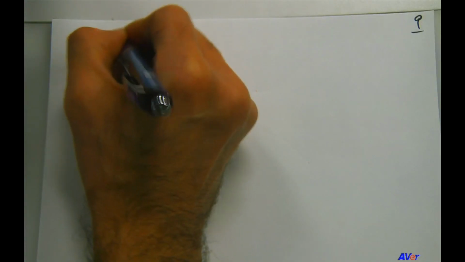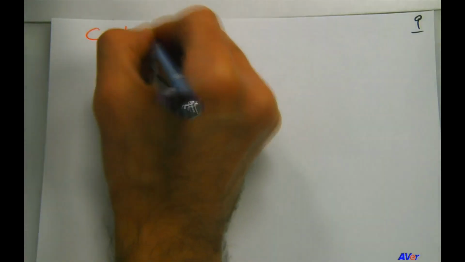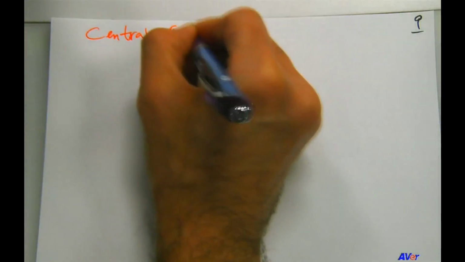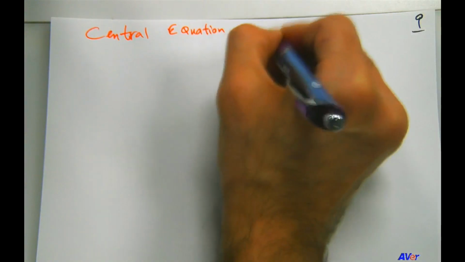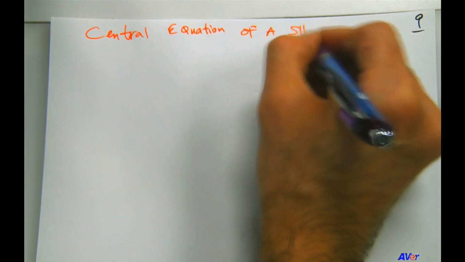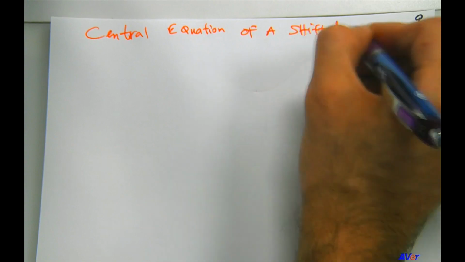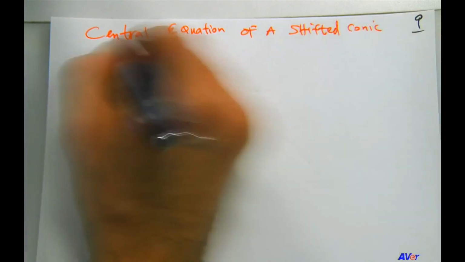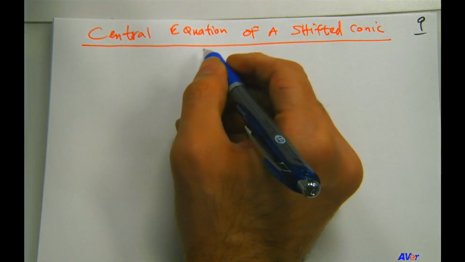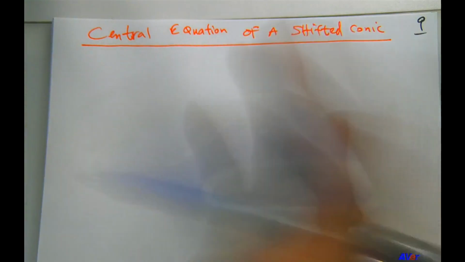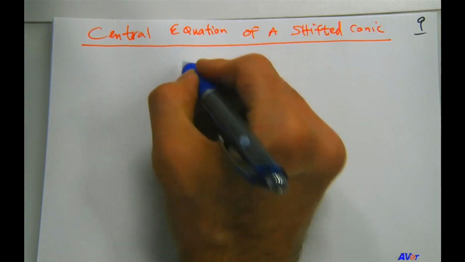And so this is the central equation of a shifted conic. This is the central equation of a shifted conic, and this applies to any of these conic sections that we've been dealing with.